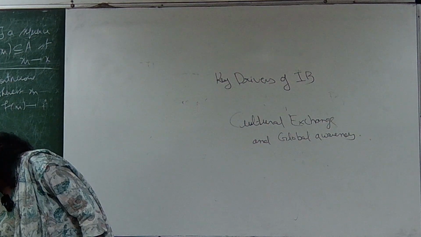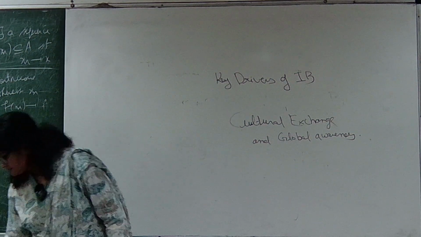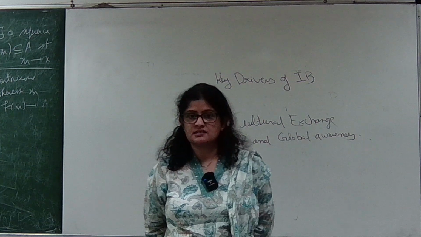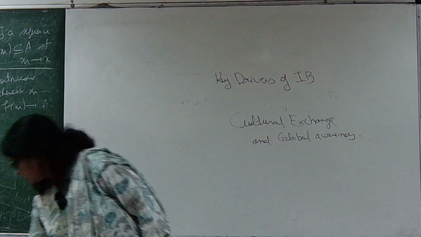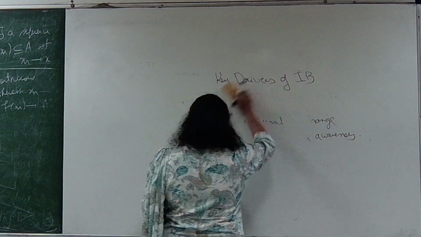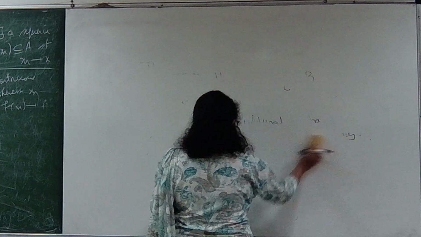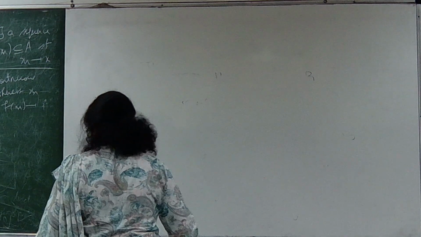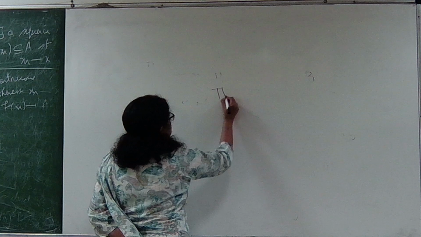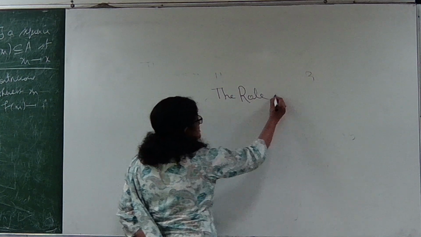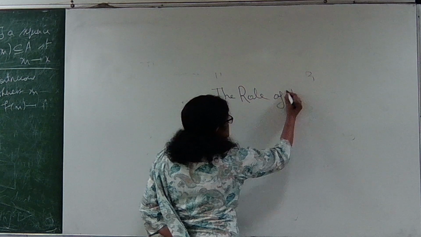So, the question comes: what kind of impact has technology had on international business? The role of IT. See, technology is one of the biggest factors in the expansion of international business.